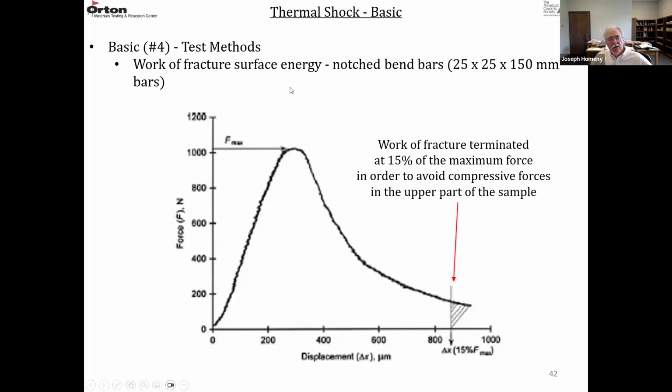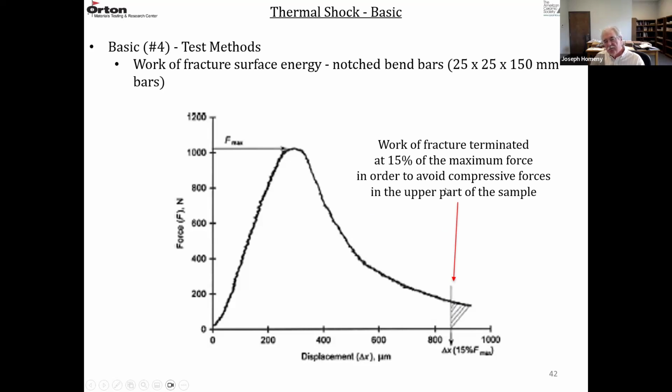So when they measured the fracture surface energy using these notch bend bars, they get a load displacement curve that looks like this. It's stable. The area under the curve is the energy that goes into the work of fracture calculation. But they stopped the test at 15% of the maximum load.